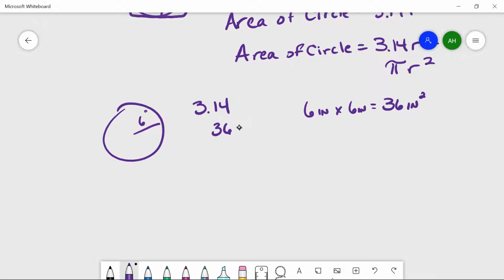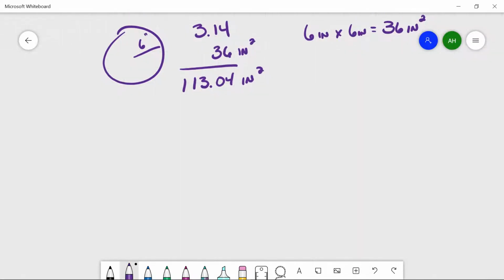If I multiply those out, I find that the area of this circle is 113.04 square inches. That's not the actual area of that drawn circle, because its radius is not actually 6 inches, but anyhow.